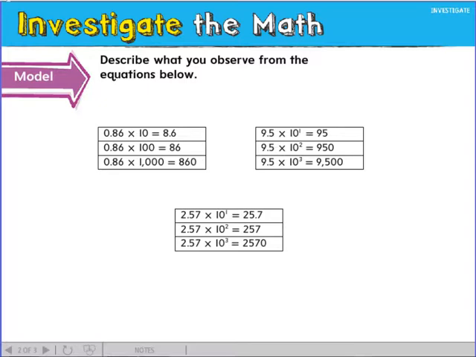Nobody sees it? You do? What is it? Huh? This one is 95. This one you add a 0, and then you add 2 zeros on that one.